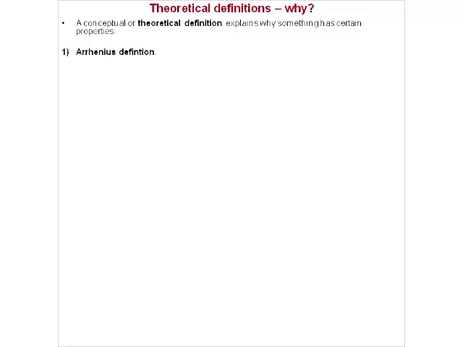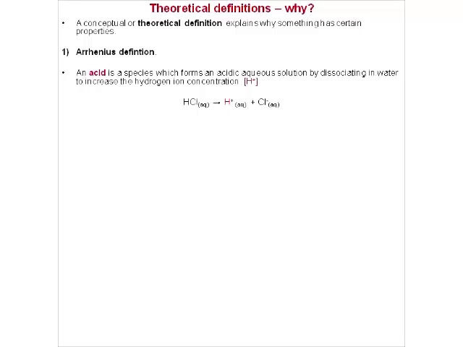And the first definition we're looking at that's theoretical was the Arrhenius definition. Now Arrhenius, the scientist who looked at this, wanted to try and group these things together. And he said, all right, just about everything that behaved as an operational acid, that does all the things acids do, most of these things generally had a hydrogen in its chemical formula.